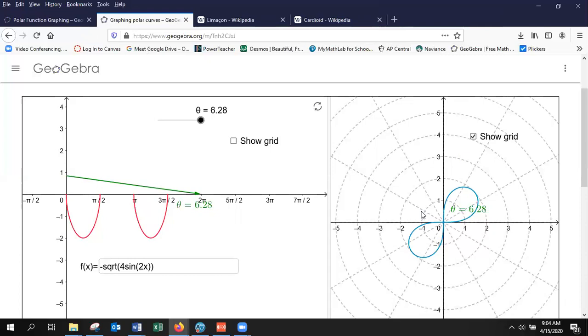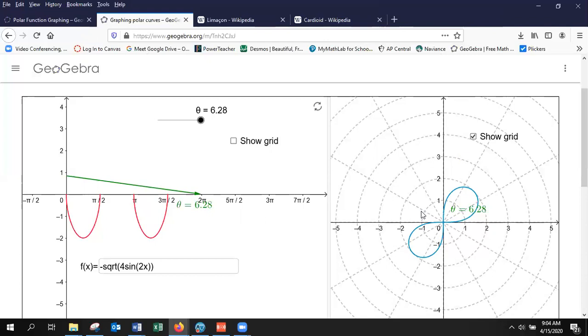Now on this one, r squared is 4 sine of 2 times theta plus pi, we could also do that test. But I'm going to say that's not an efficient use of time because we know that if we replace the r with a negative r, we are going to get the exact same equation.